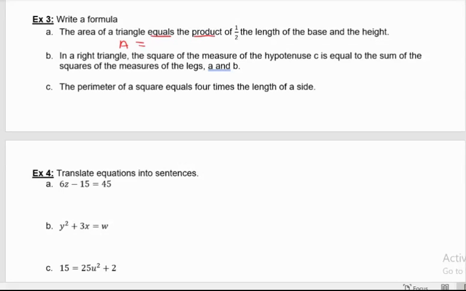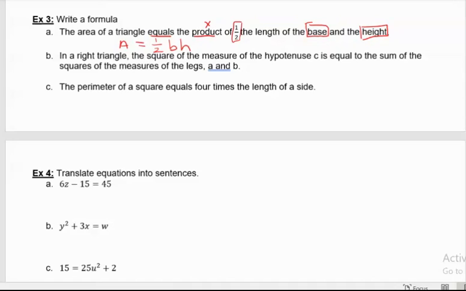"Product" tells me multiplication, so I have 1/2 times the base times the height. So I have 1/2 times the base times the height, and that's the area of a triangle.